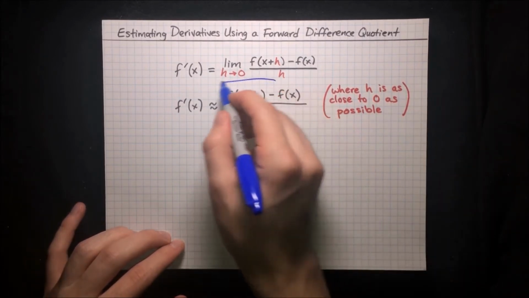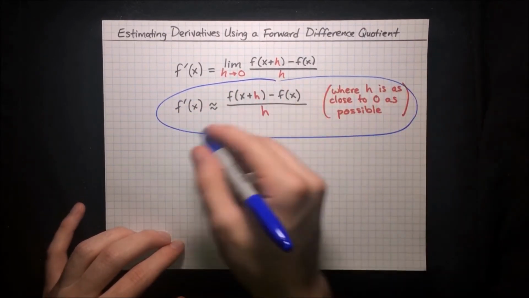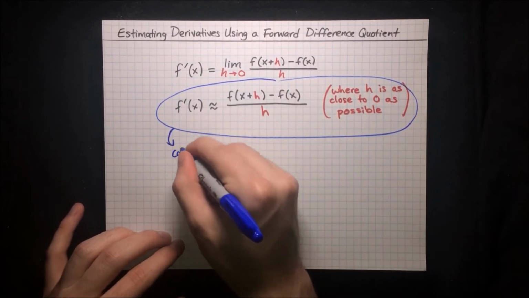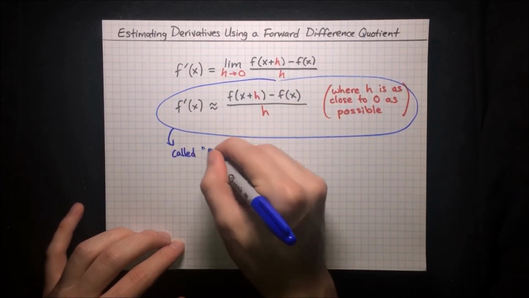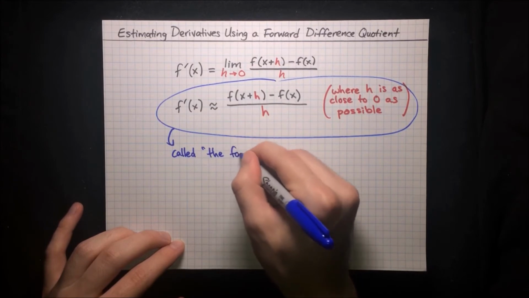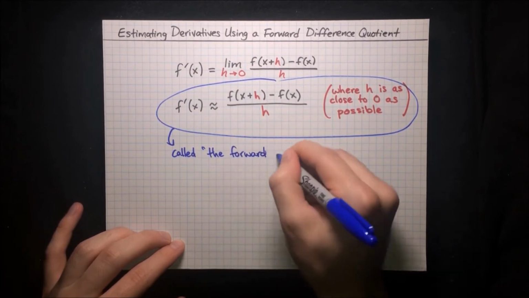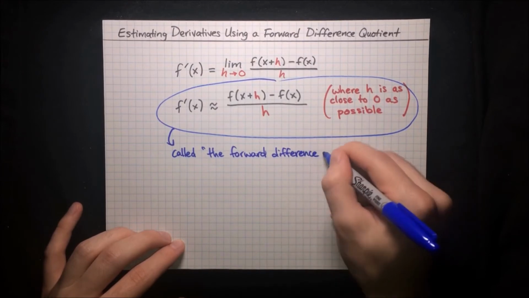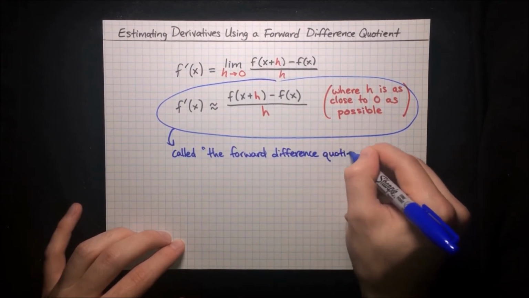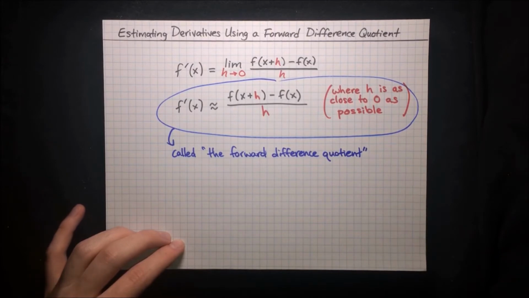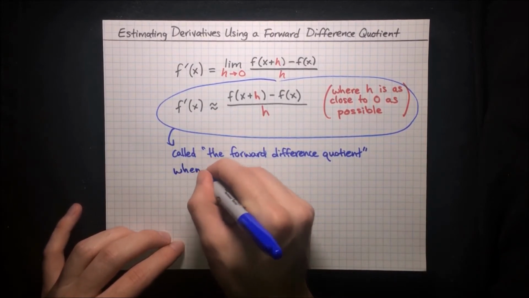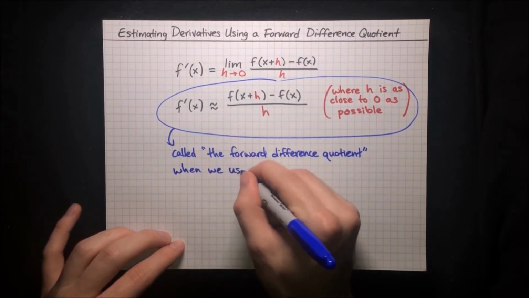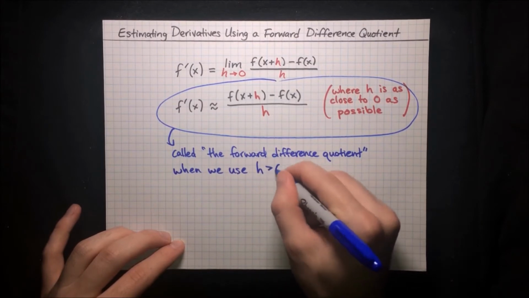And this estimation here is called the forward difference quotient when we use h greater than 0.